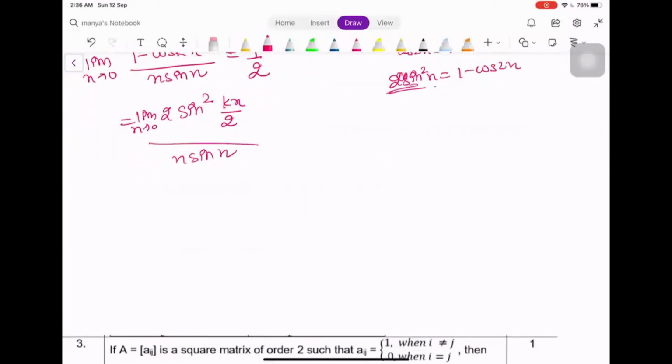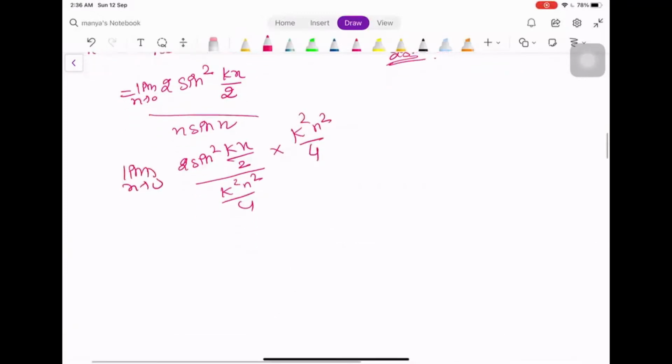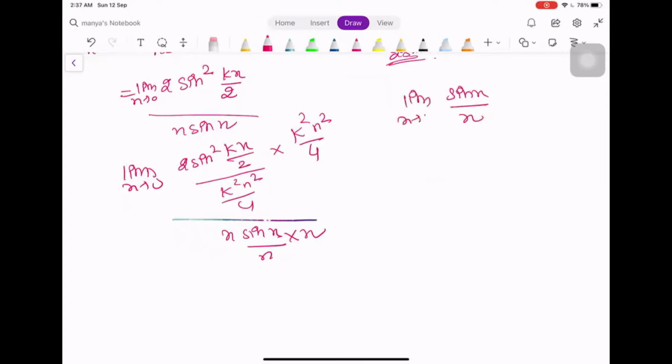So 2 sine square kx by 2 upon k square x square by 4, into k square x square by 4, and x sin x upon x into x. Why? Because we know sine x upon x, limit x tends to 0, is 1.